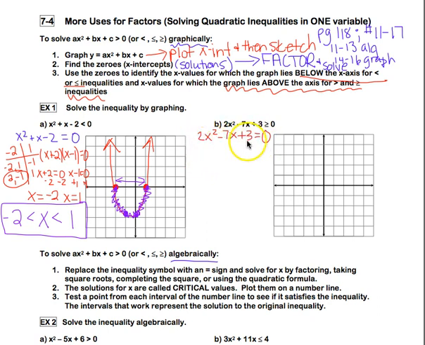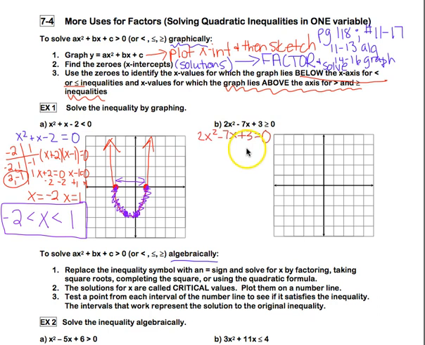So I look for a GCF. I find quickly that there isn't one. I also know that this is not a special product because 3 does not have a perfect square root, neither does 2. So that means, because my leading coefficient is not 1, over here my leading coefficient was 1, so it was easy chart factoring.